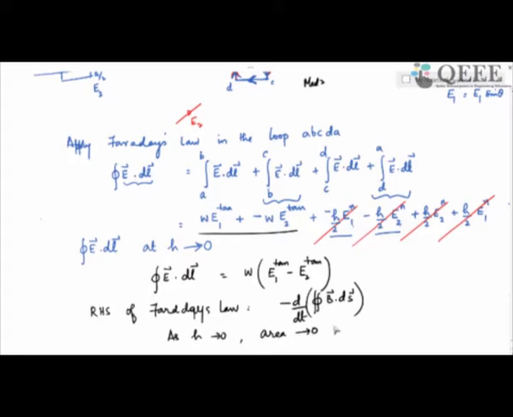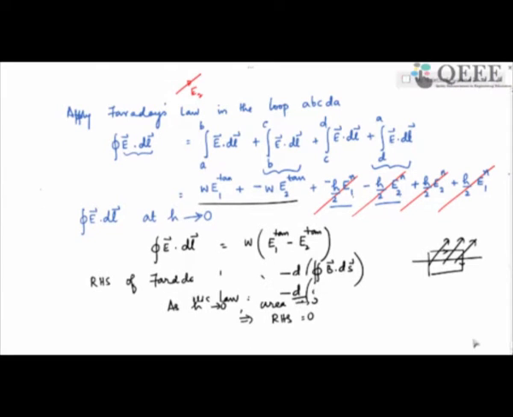You were trying to find out how much is the flux through that coil. That flux is going to be 0 because in the limit as h tends to 0, you have shrunk that coil and the coil does not have area anymore, which implies the right hand side is 0.